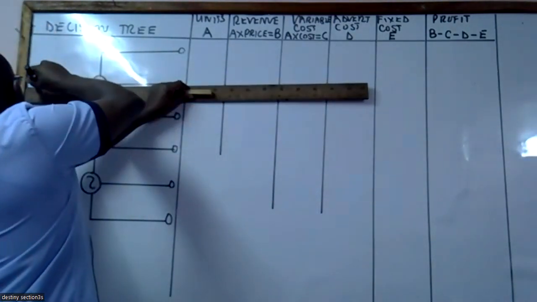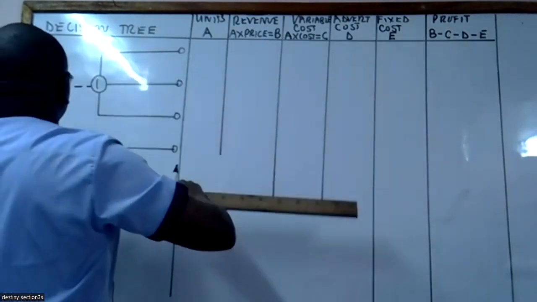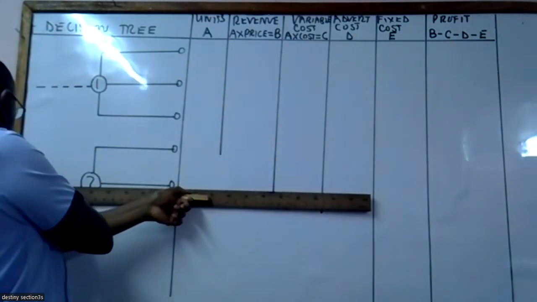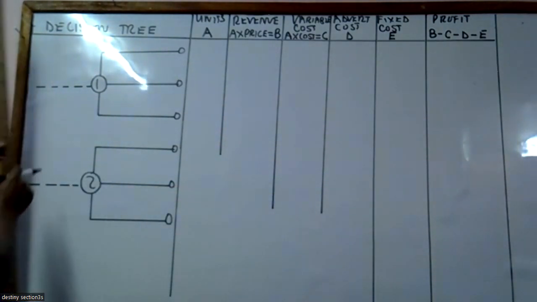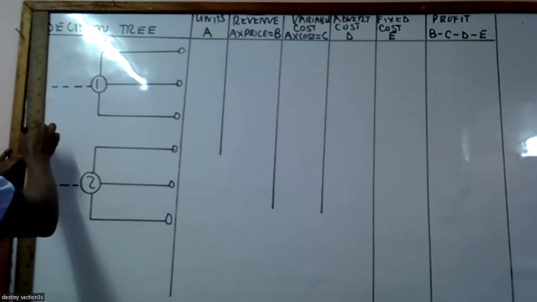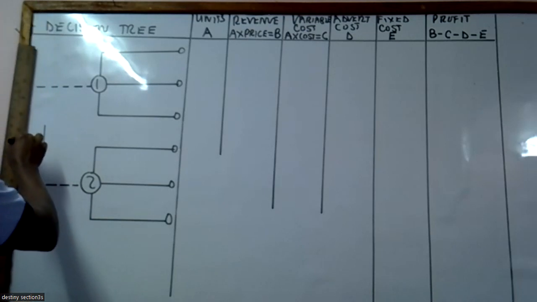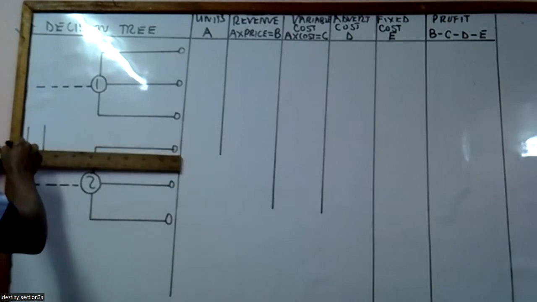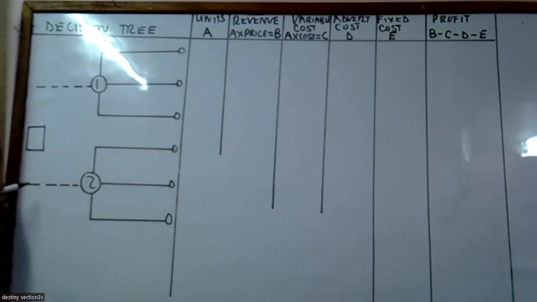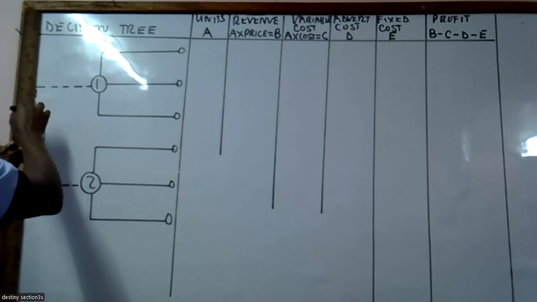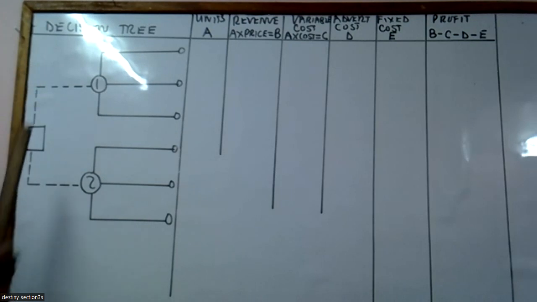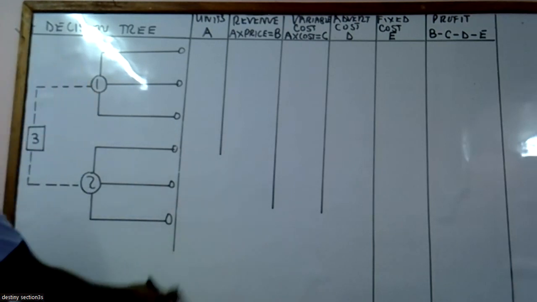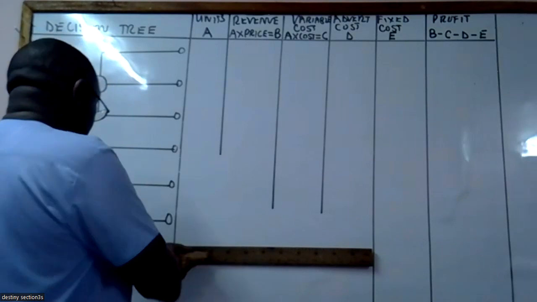That have two options. So this is number 3. So that will be the end of my diagram.